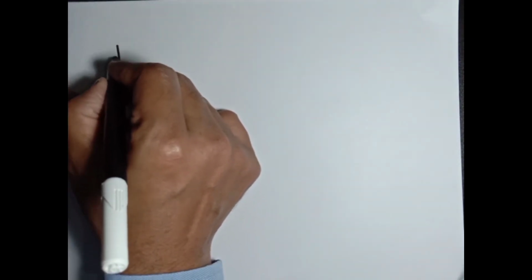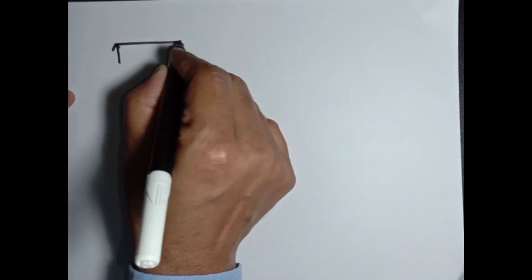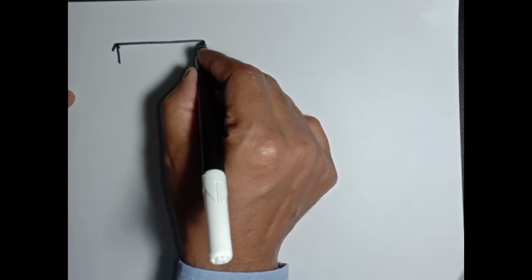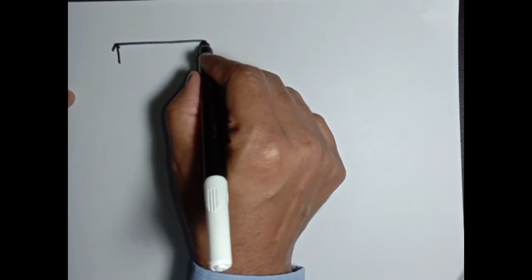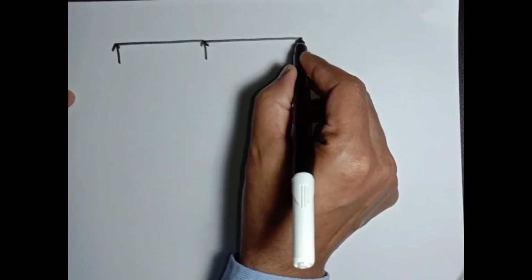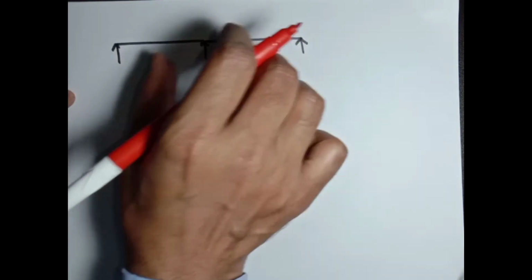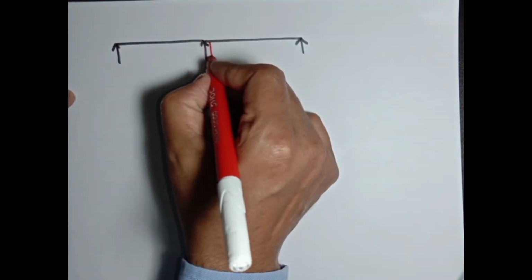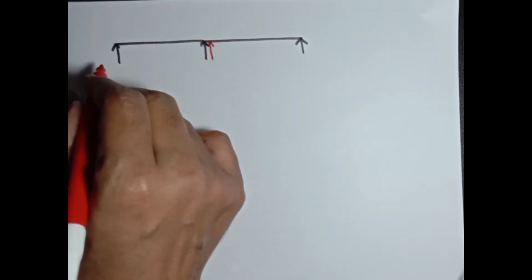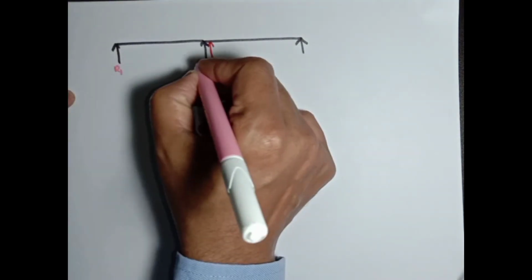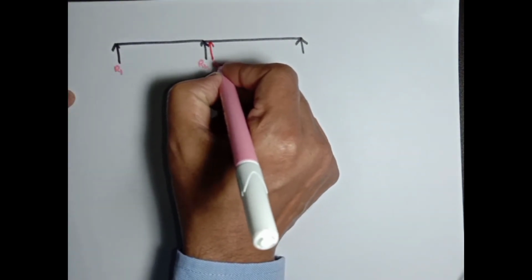Here, this is the beam AB. Here you can see, as we have split this beam into two spans, there will be two supports here. Here it will be R1, here it will be R2, here it will be R3, and it will be R4.